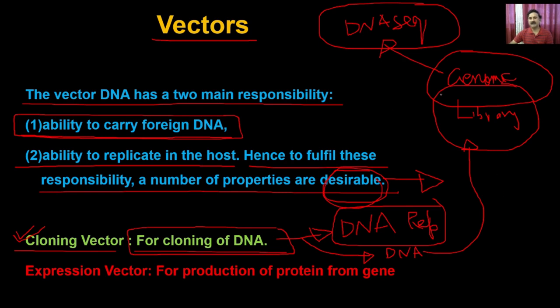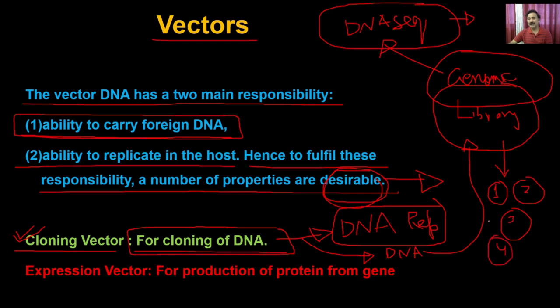In this case, you are first going to generate the genomic library. For example, if I have a book library in my home, I can do cataloging. I can write this is clone number 1, this is clone number 2, this is clone number 3, this is clone number 4, and so on.